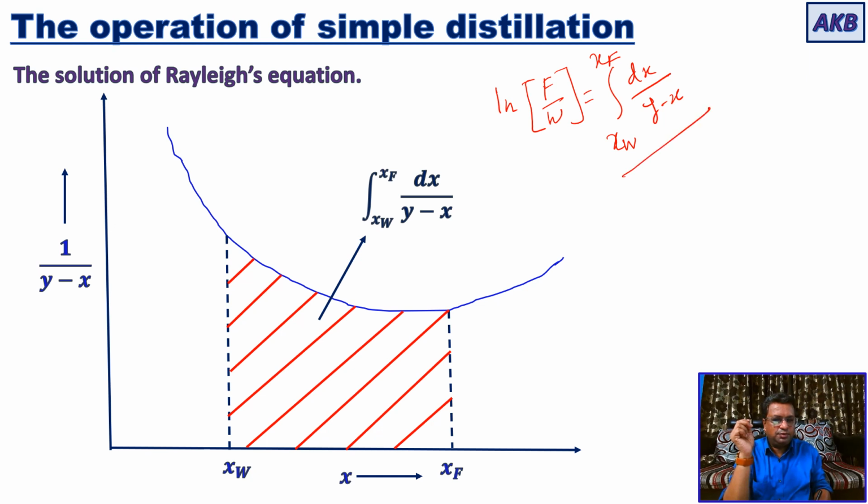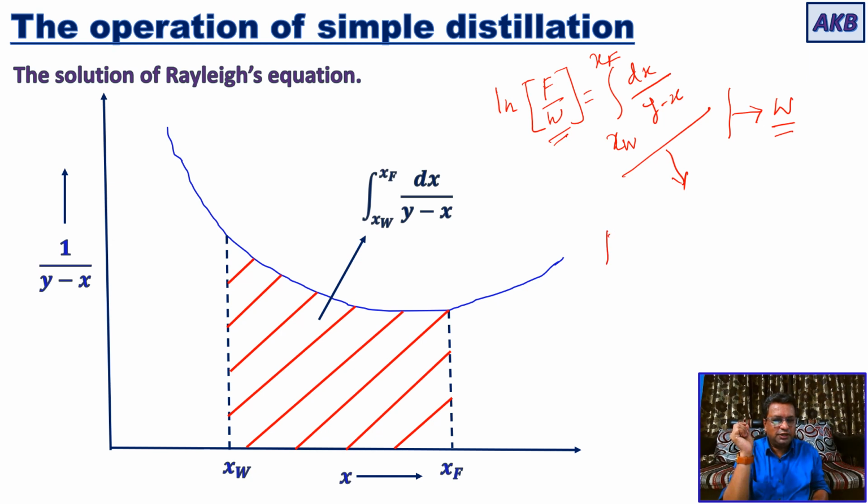So now by this way you are getting the integral, and F will be known to you. When you measure the area under the curve, this integral will be known to you, so the only unknown will be W. So this step will help you in calculation of W.